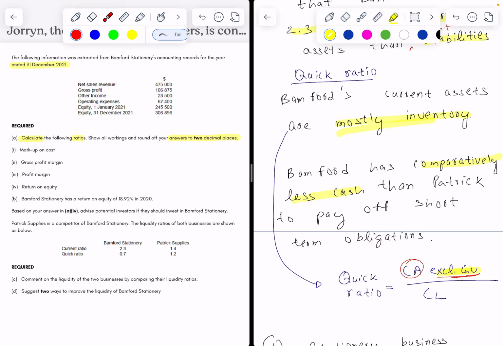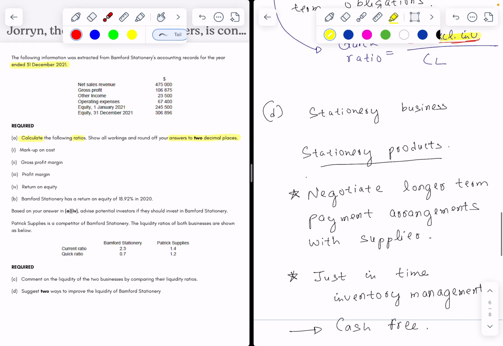Suggest 2 ways to improve the liquidity of Bamford Stationery, which is something we have obviously highlighted at the moment, that the business has a lot of inventory and not enough cash, which is obviously a risk in running the operations moving forward. Now, we understand that Bamford is a stationery business and it therefore deals with stationery products, which could be varieties of products, right?